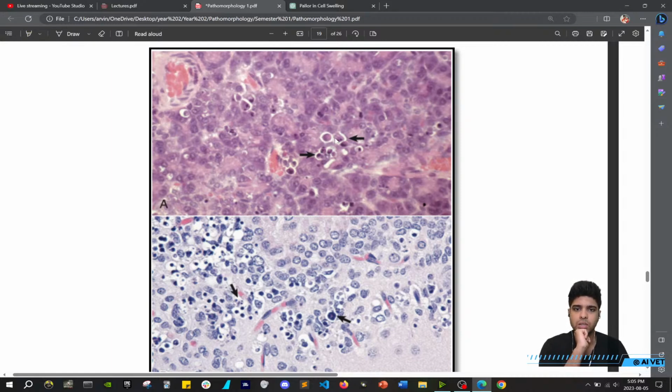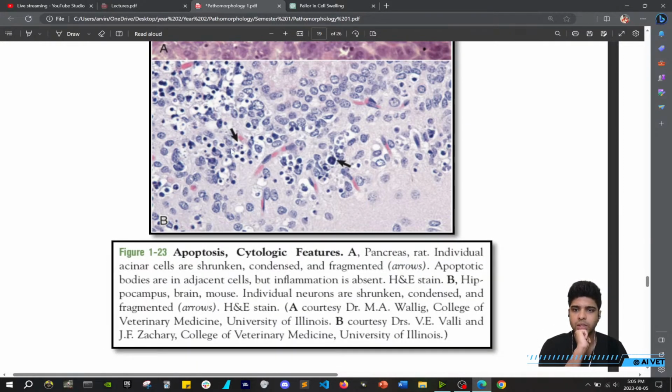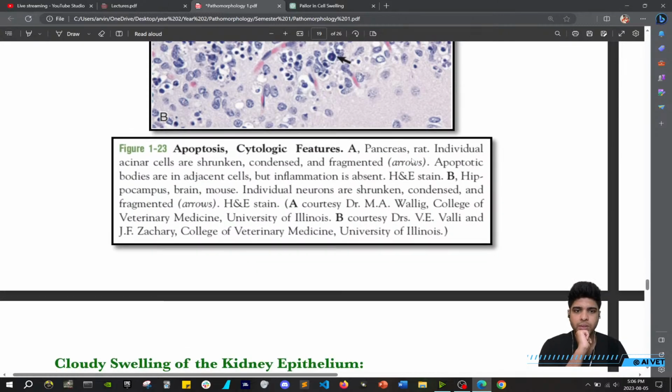So cells become condensed and then start forming apoptotic bodies, and then this will be phagocytosed. Here also they are forming. Okay, here condensation and then apoptotic bodies happen. Yeah, shrunken, condensed, fragmented.